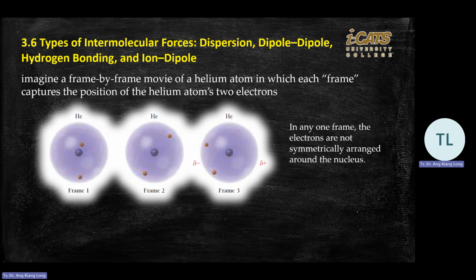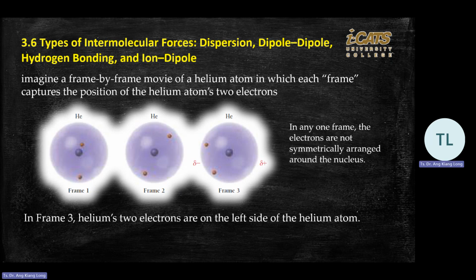It was somehow rotated maybe 5 degrees or 10 degrees. So this is called asymmetrical. When you have an asymmetrical distribution of electrons, then you will have a positive side and a negative side of the atom.